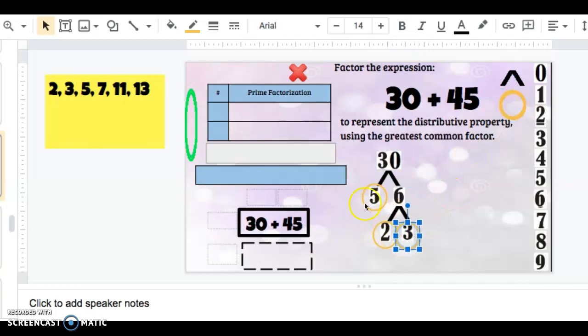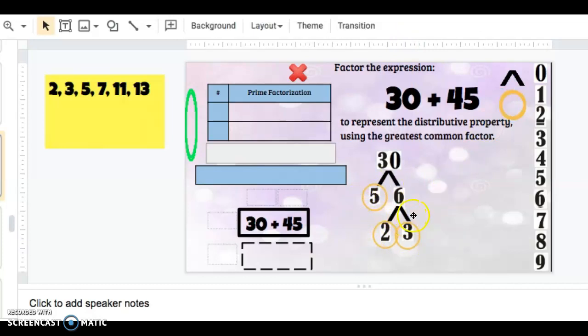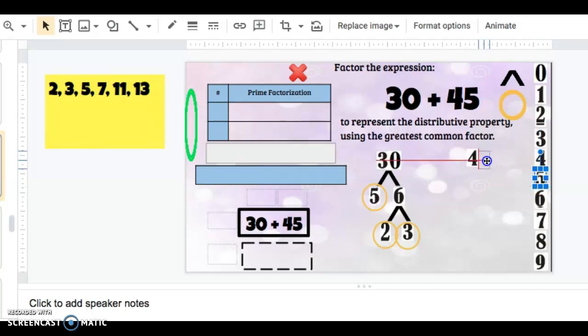Okay, so my tree has all apples grown on it. I don't have any more branches that I have to worry about. So now I'm moving on to 45. So I'm breaking up 45. I'm going to break it up. And then I'm thinking to myself, like I said, my goal is to get one of these numbers over here.